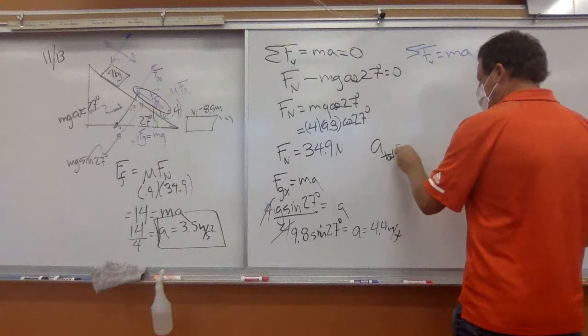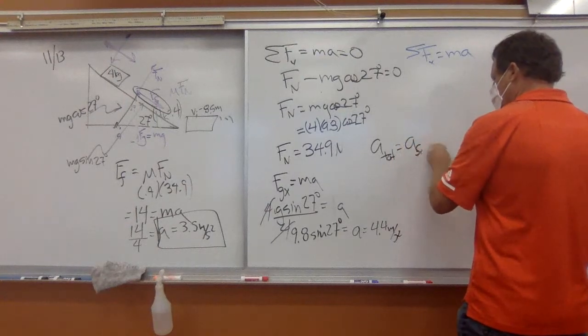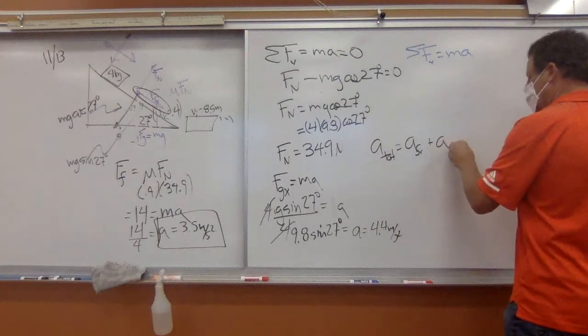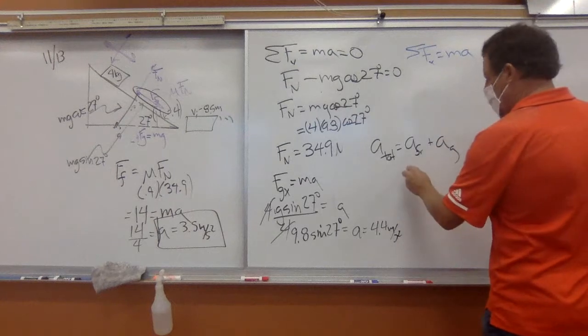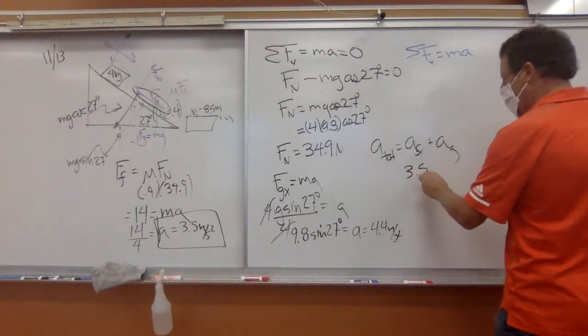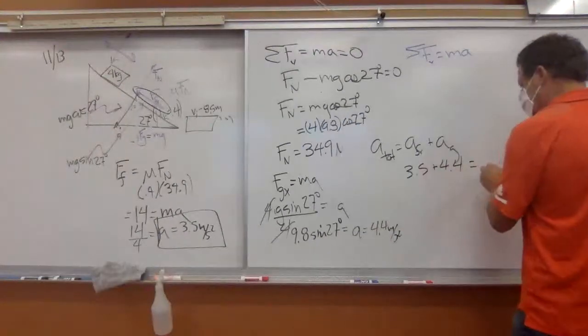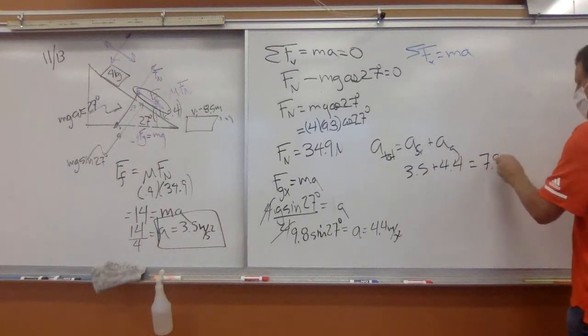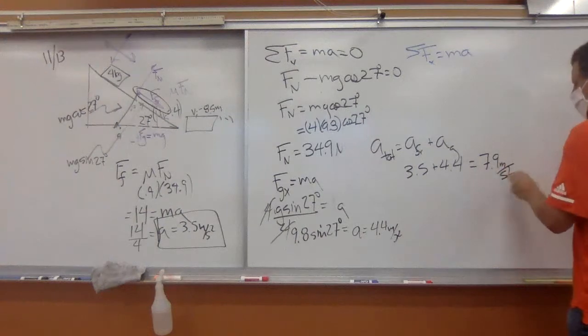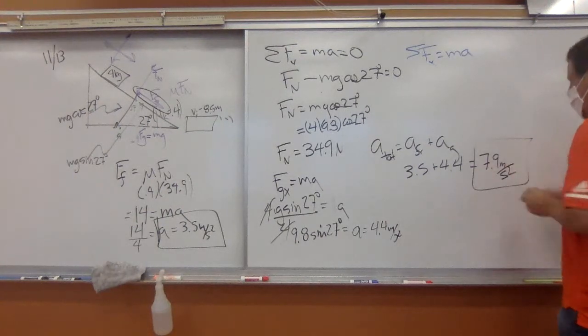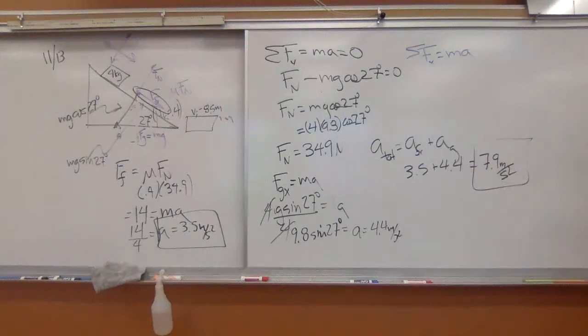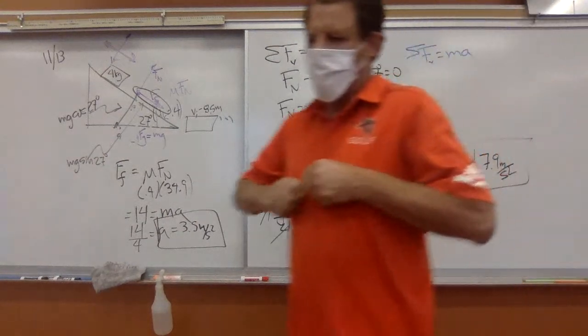So our total acceleration is our acceleration due to friction plus our acceleration due to gravity, 3.5 plus 4.4, which is 7.9 meters per second squared. That is the overall acceleration down the ramp.